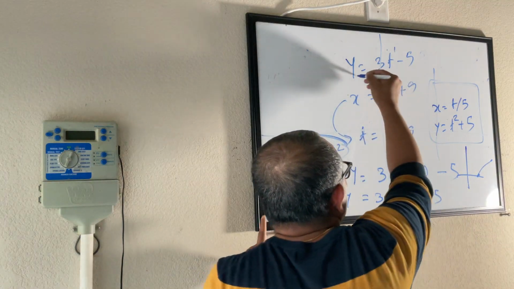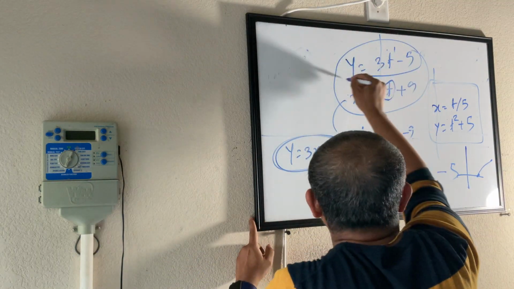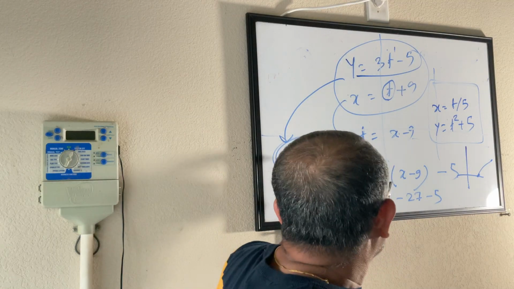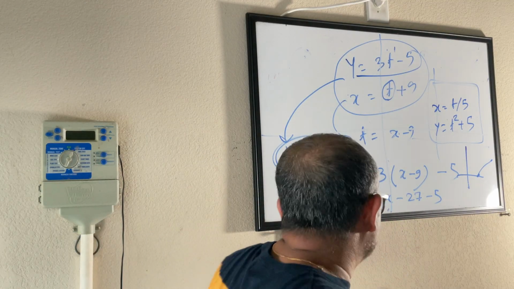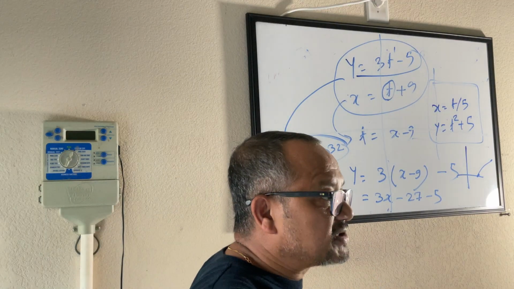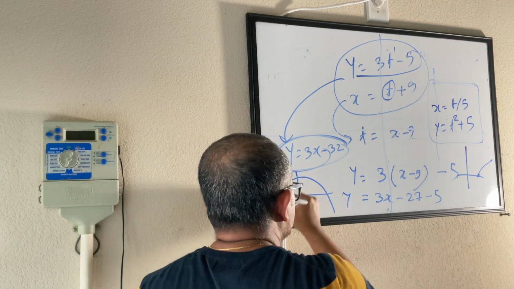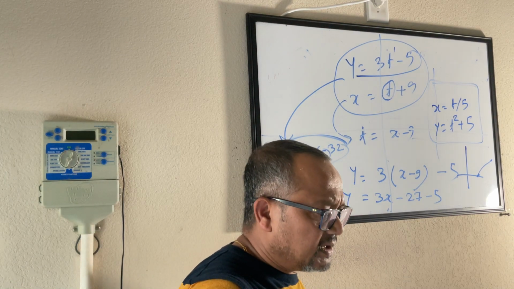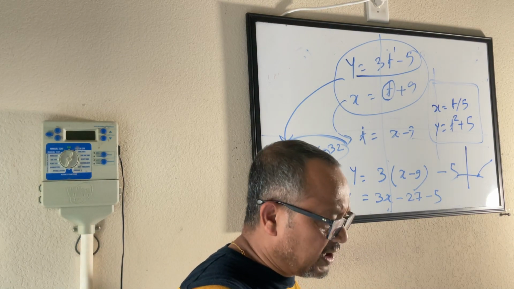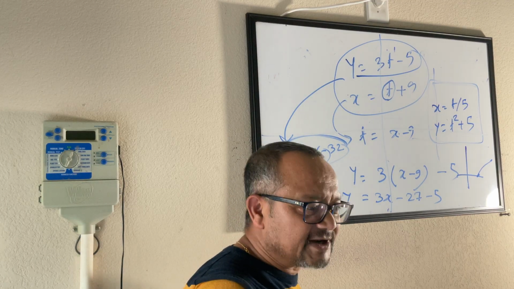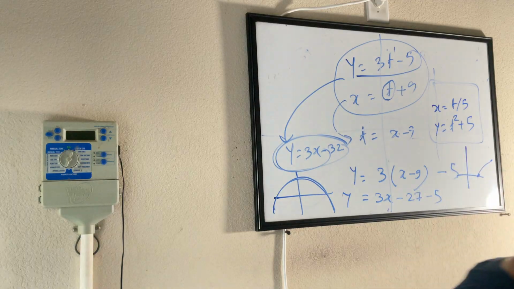When you convert the parametric equation to a rectangular equation, you will get the graph, but you will not know the starting point or the ending point. That's the only difference. Do you guys remember that?